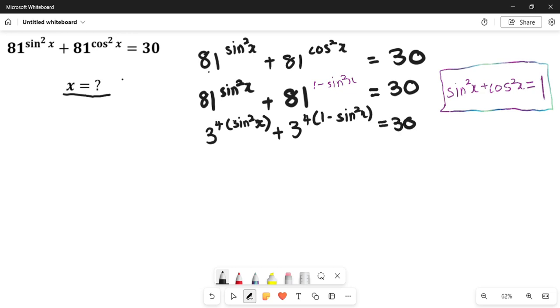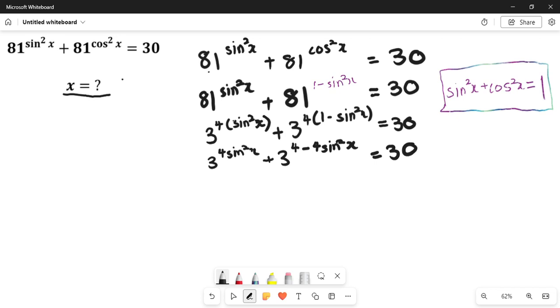We write this as 3 to the power of 4 sine square x plus 3 to the power of 4 minus 4 sine square x equals 30.